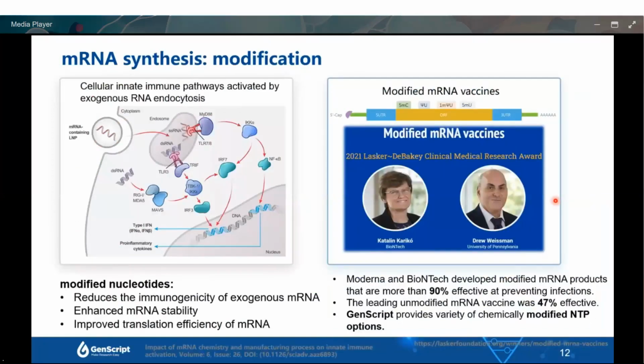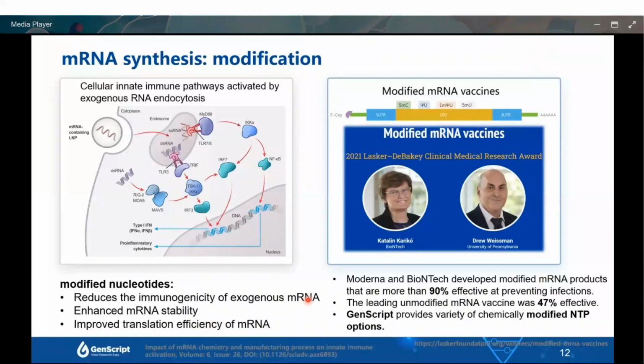And the next element is about nucleotide modification. So why do we have to modify nucleotides? Because it can reduce the immunogenicity of exogenous mRNA, and also can enhance mRNA stability and improve the translation efficiency of mRNA.